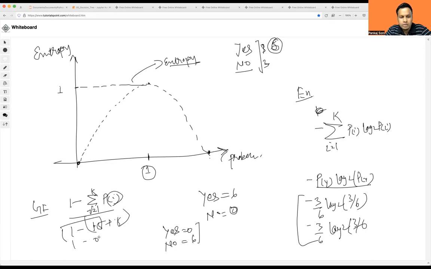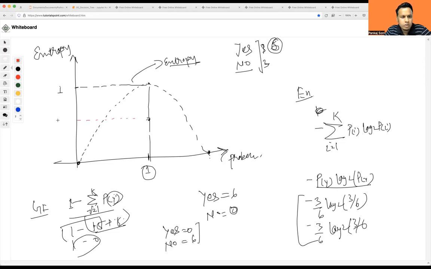So 1 minus 0.5 is 0.5. So the maximum Gini impurity you can get is 0.5.